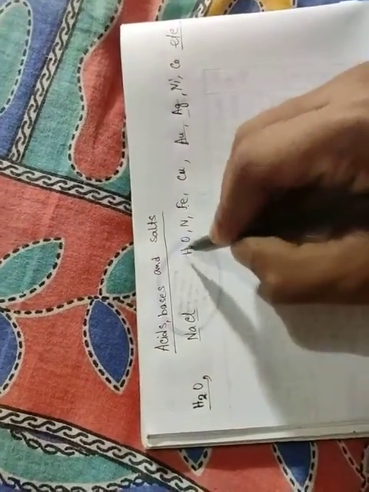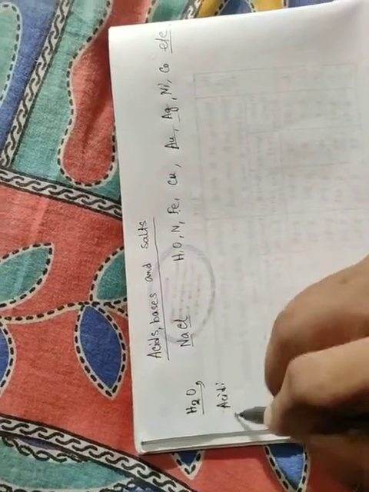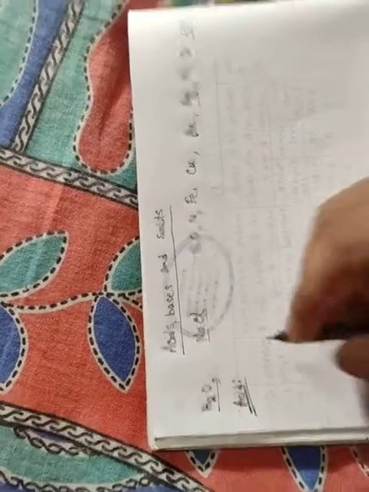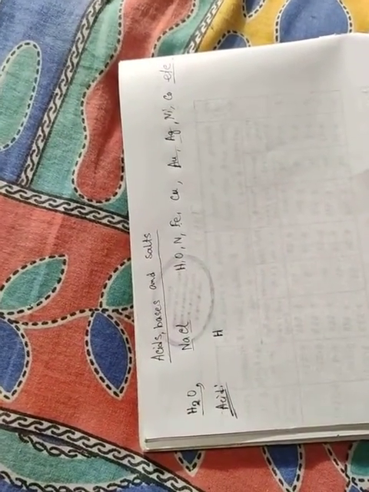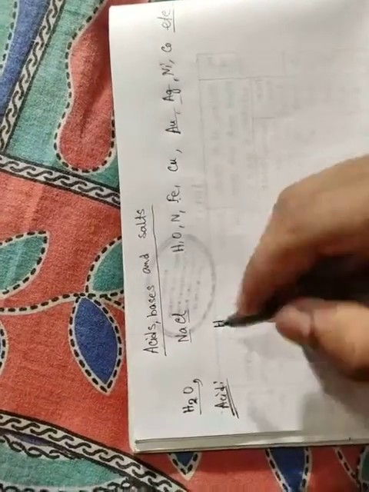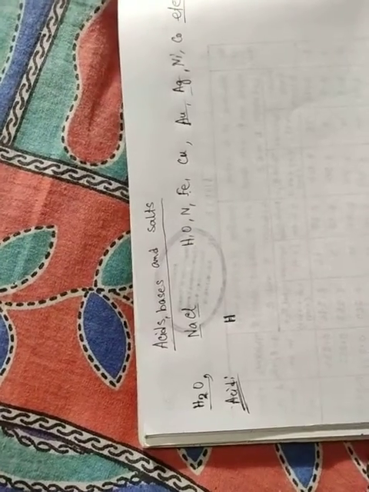Now what are acids? Acid is a material in which one constituent element is hydrogen. But one thing you remember: it is not true every time that if hydrogen exists, then that is acid.